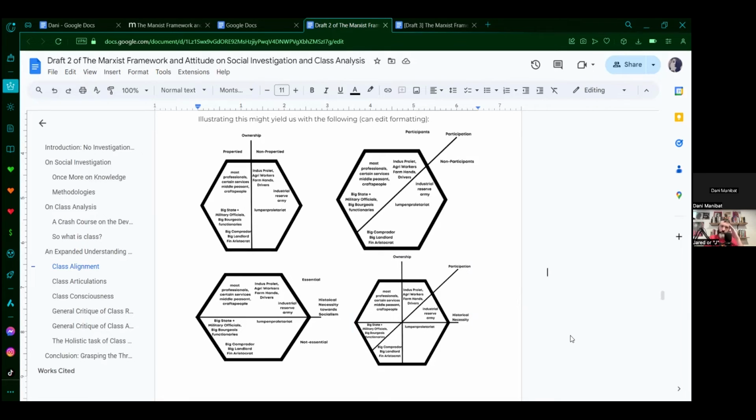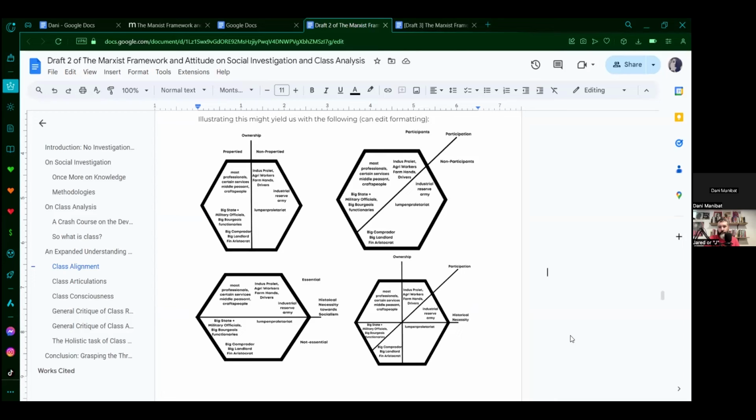Yes, but if you divide it based on participation, then the Industrial Reserve Army, who aren't actually participating in the main sources of produce in a society, as well as the lumpen proletariat, are split. So you could see how the Industrial Reserve Army could be used because they're one step divorced from the industrial proletariat, agricultural workers, farmhands, etc.